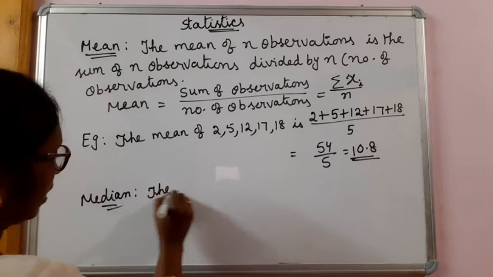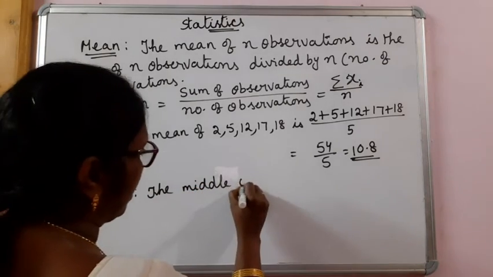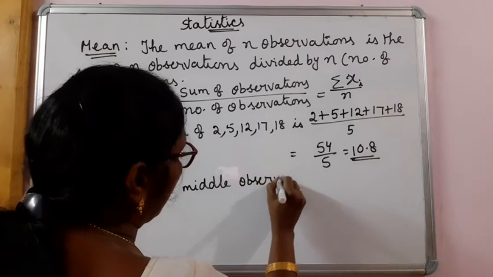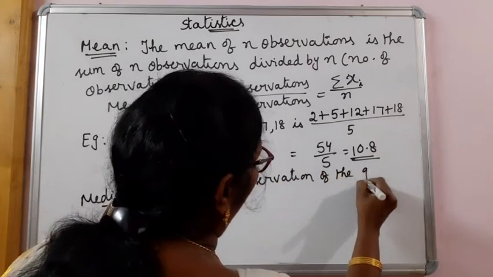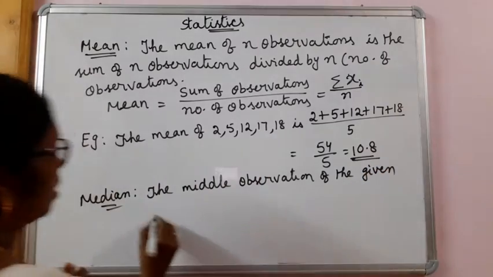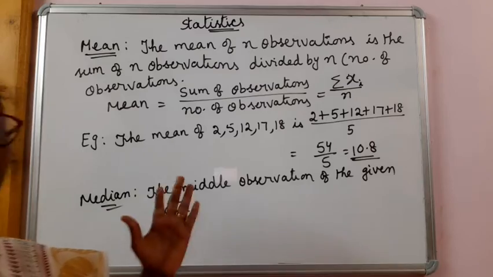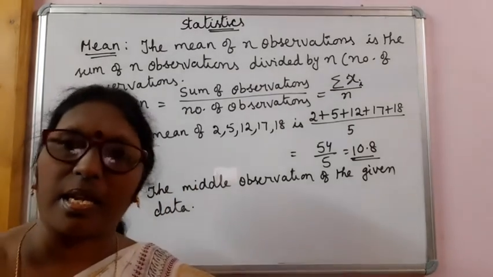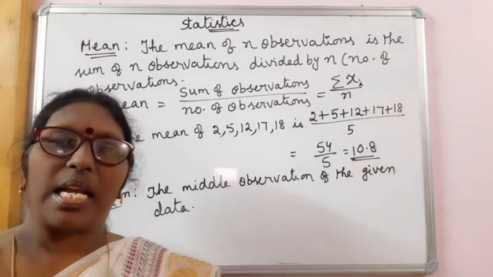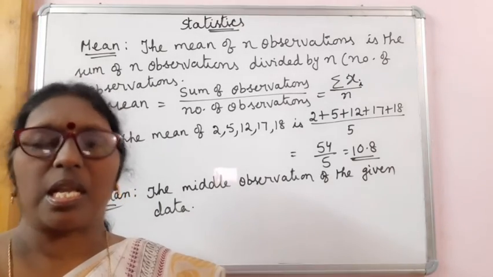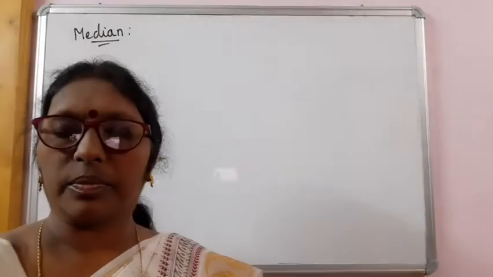So mean or median, more or less, is the central value of the given data. And if there are n number of observations, how to find the median? Let me explain now.